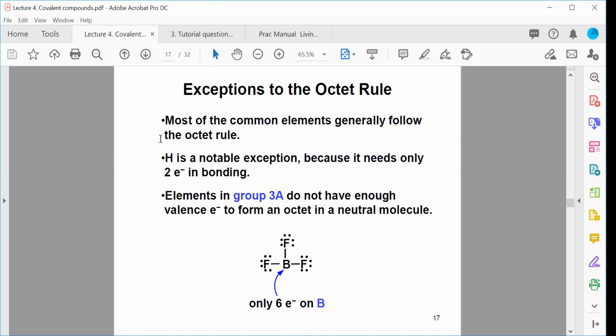All right, as I said earlier, there's lots of exceptions to the octet rule. Most of the common elements will follow this rule. Hydrogen, as you know, is a notable exception because it needs only 2 electrons. But elements in group A also don't seem to follow the octet rule. And here's an example: boron, which only tends to be surrounded by 6 electrons, not 8.